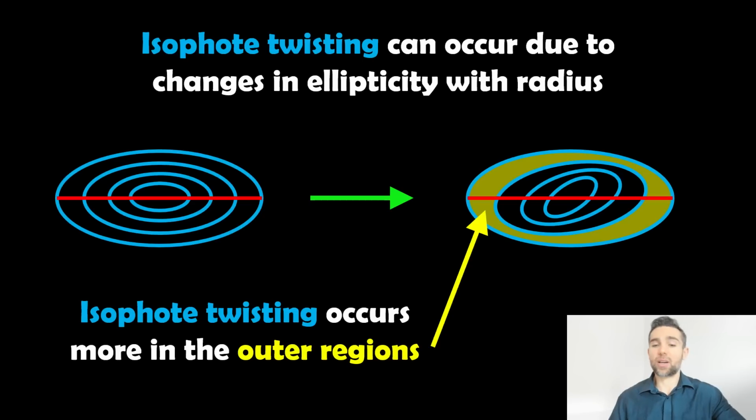On the right-hand side there, as you get further out, there's an angular rotation between the isophotes, and it's called isophote twisting. Generally that's seen more in the outer regions of a galaxy than the centre, although I probably should have illustrated that differently on the picture, because it looks like the centre part has been twisted, but I should have rotated the outer part. It's typically the outer parts where we see this isophote twisting occurring.